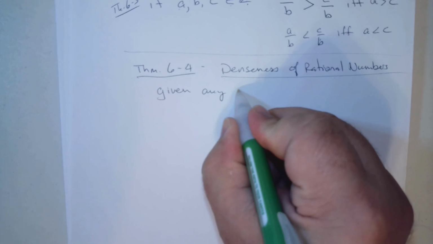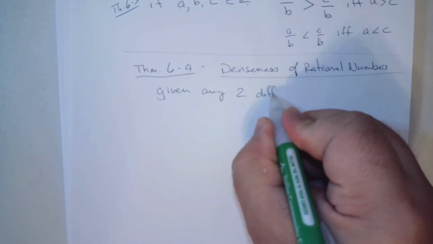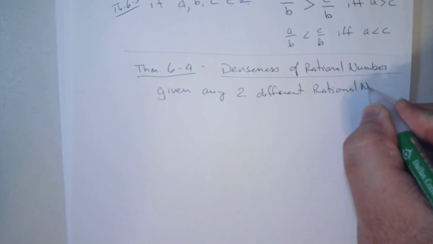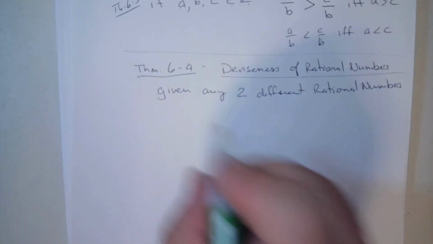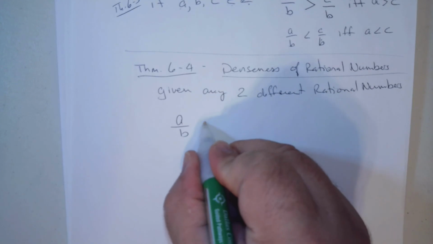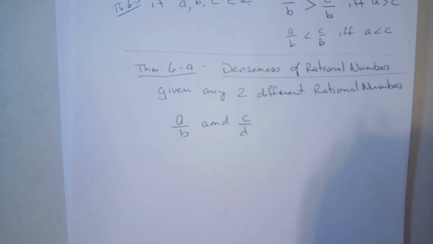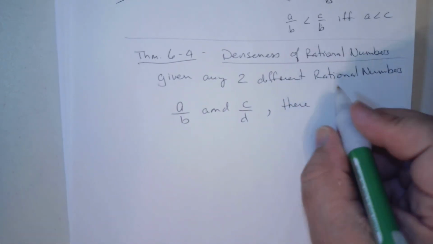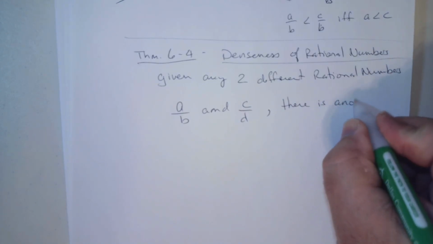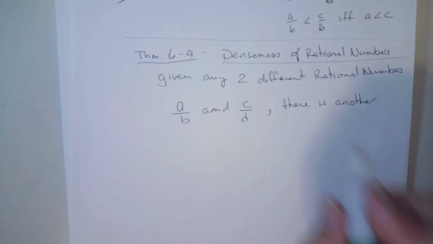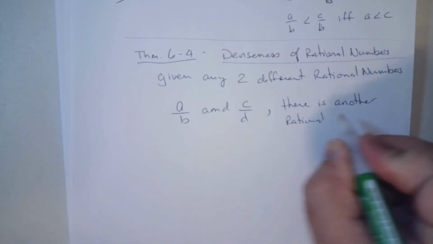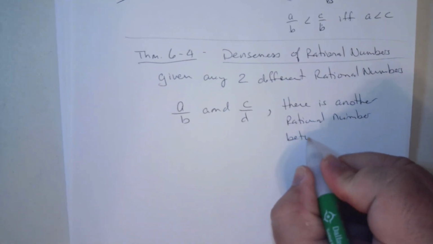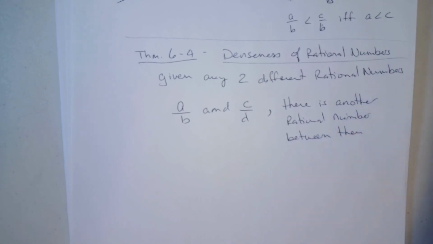Given any two different rational numbers A over B and C over D, there's another rational number between them, between the two.